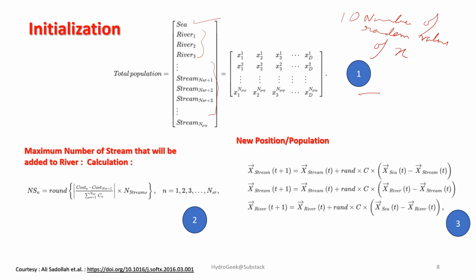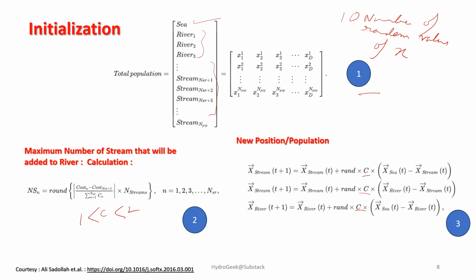This is the value of the cost function at iteration n. This is the value of the cost function at NSR plus 1. That means it is the optimal cost function divided by the summation of all these constants C. C is actually this one. And this C can take any value within 1 to 2.